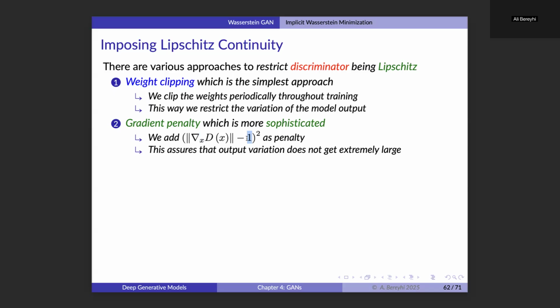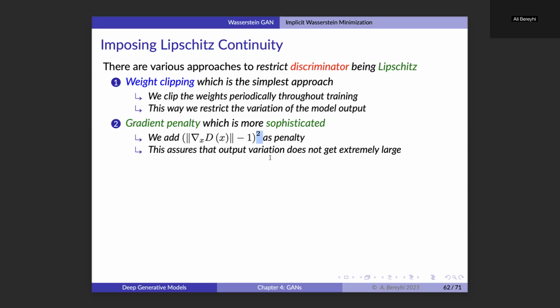The gradient is limited, so it cannot be non-Lipschitz. And to do this, we subtract it from 1 and then take it to the power 2 so that we make sure it's concentrated around 1. And then we add it as a kind of penalty to our objective.